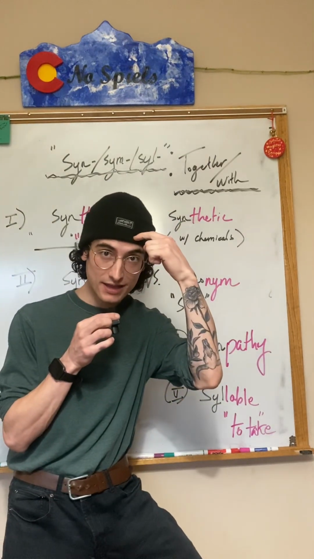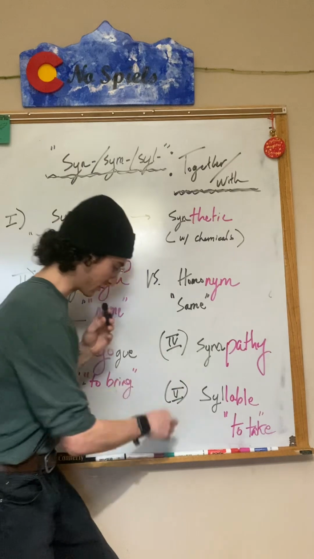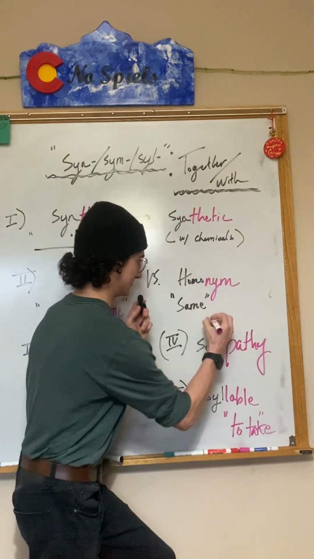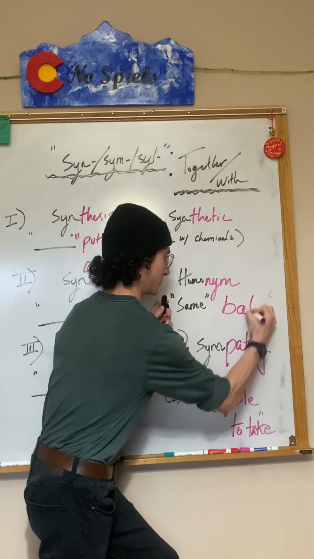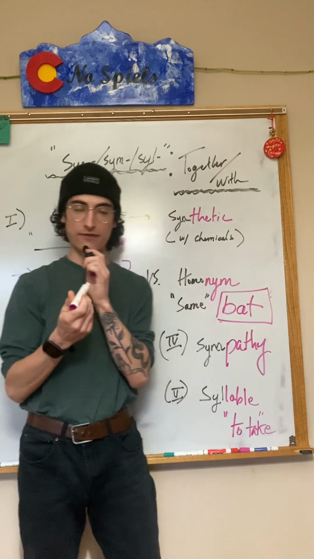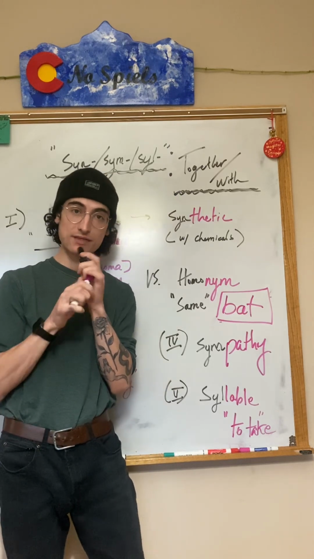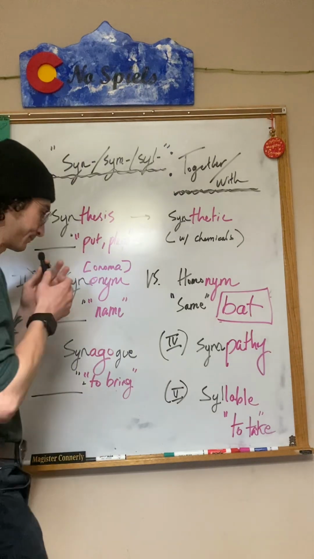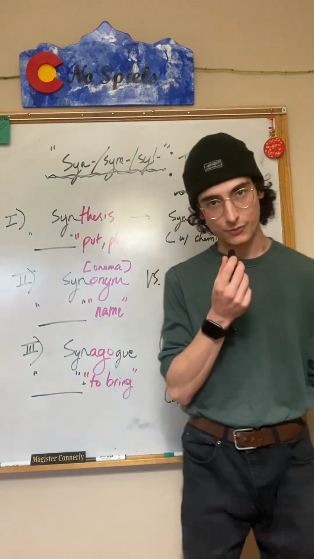Fill in the blank in your head. Because guess what? This is what a homonym is. A homonym is a word like bat. I can either have the animal bat or I can have a baseball bat to club ya. I don't know.